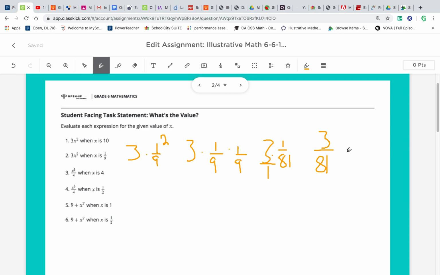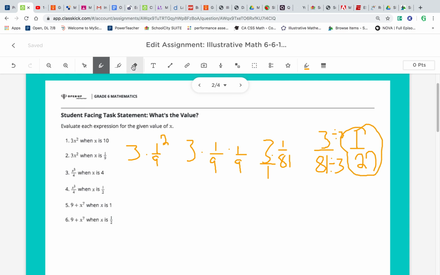And this can actually be simplified because if we divide both of these by 3, it's going to be 1 over 27. Okay, this would be 3 divided by 3, and 81 divided by 3. Okay, so 1 over 27, that is your answer.